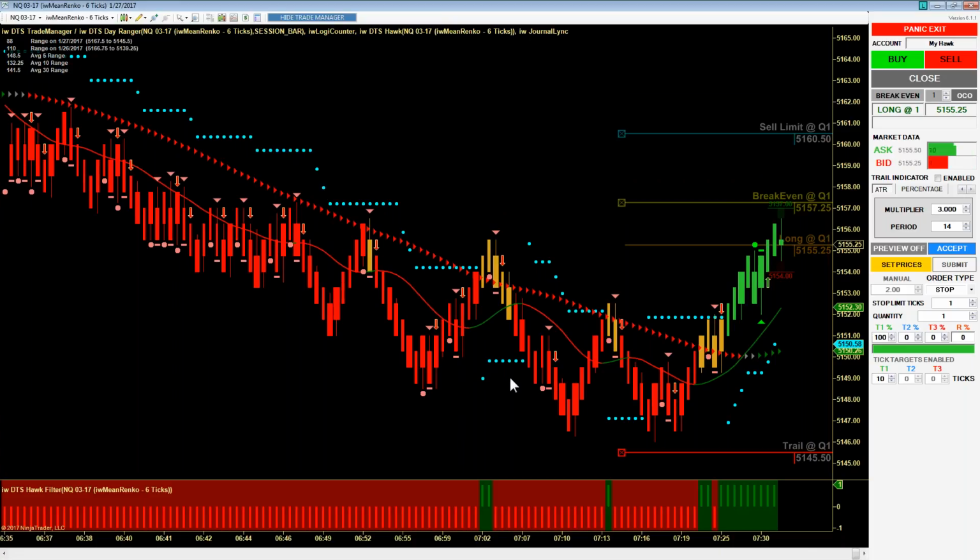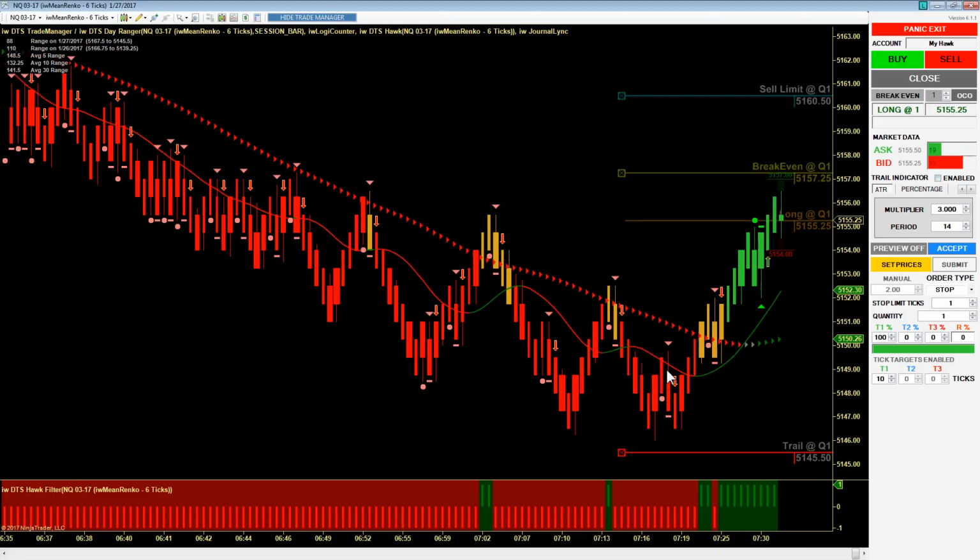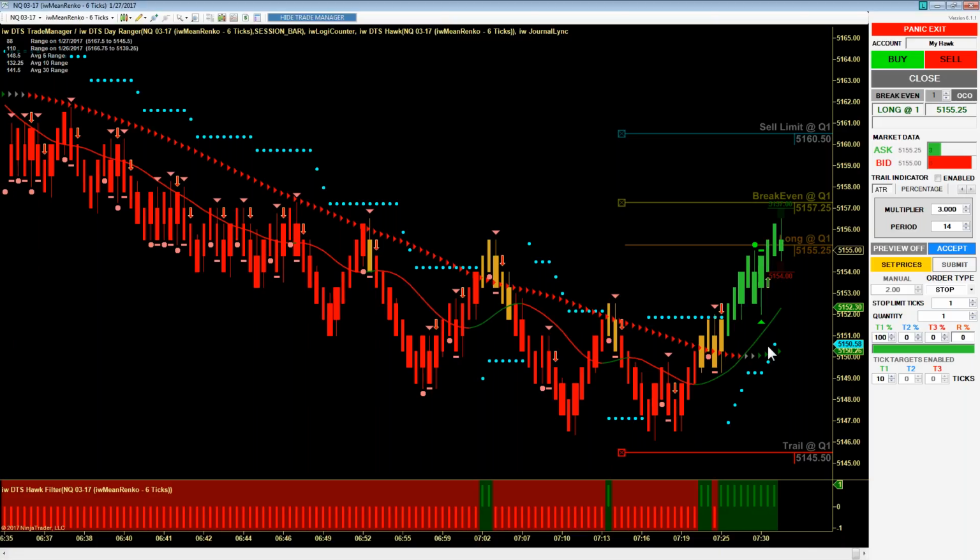If it looks like it's following the market reasonably well, then yeah, go ahead, run with it. At the end of the day, it is your money. I can make suggestions to you, but it is your money. If you want to run an ATR stop, if you would rather have your stop right here than down here, then by all means, put your stop right there.